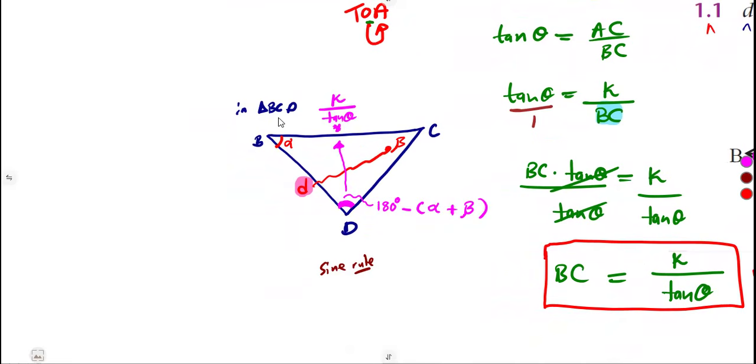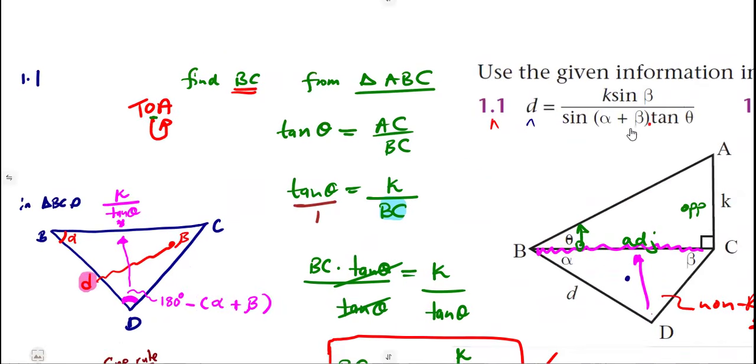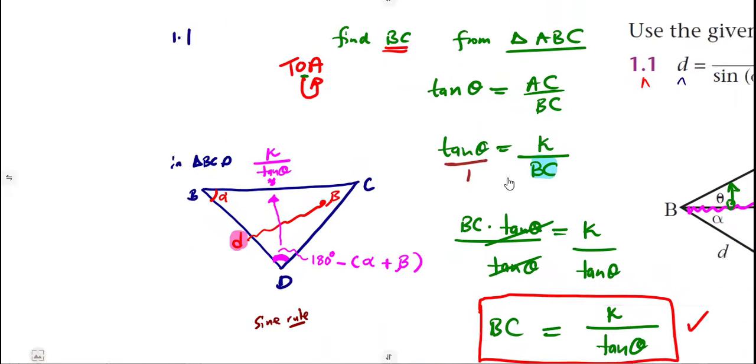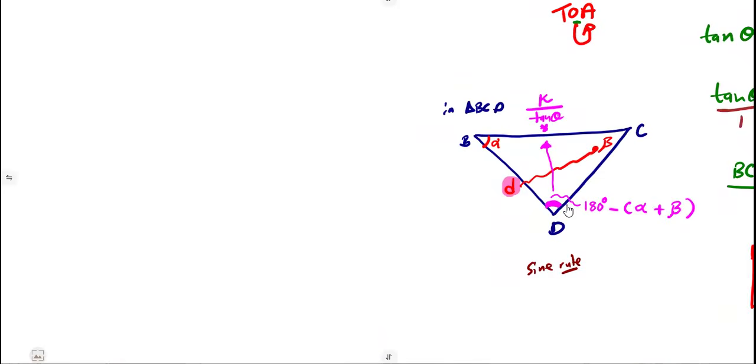Remember, I was saying we were being limited to use the sine rule because of that side BC. Now that we've got our side BC, let's use our sine rule to prove the given statement here. So how can we find D? That is the question now.